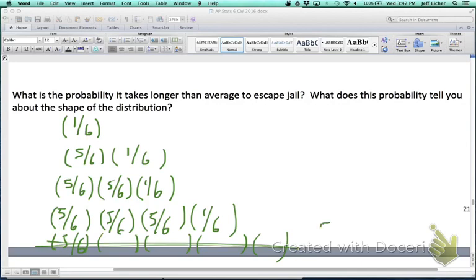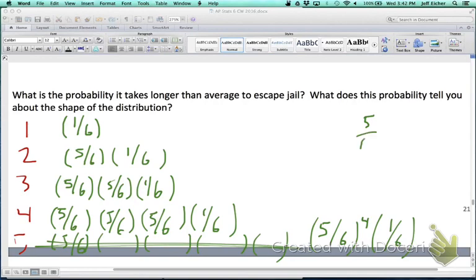Wouldn't that be nice? 5/6 to the 4, 1/6 to the first. And then lastly, that's 1, 2, 3 rolls, 4 rolls, 5 rolls. So 6 rolls. That would be 5/6 to the 5th times 1/6.